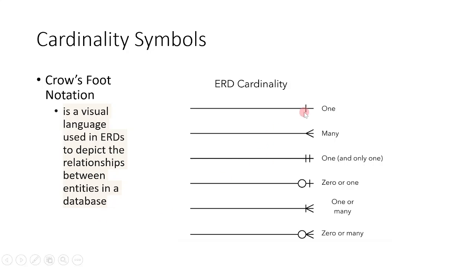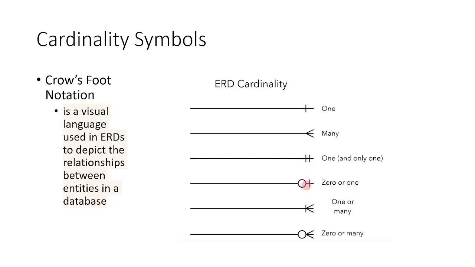Then we have the foot of a crow, so we have many. Then we have one and only one, for example the student and the student profile. To be strict, the relationship would be one and only one.